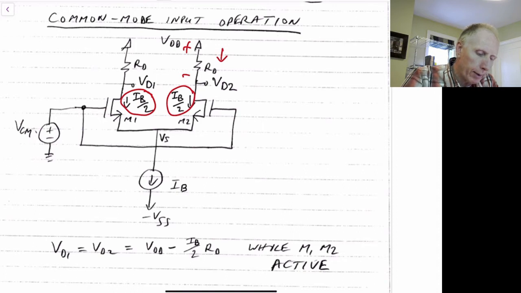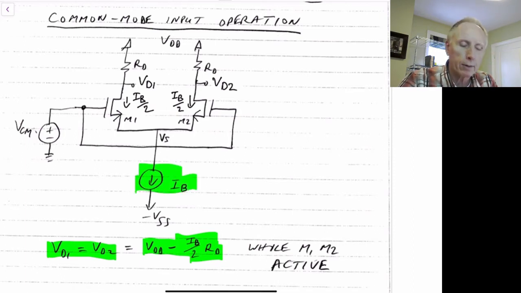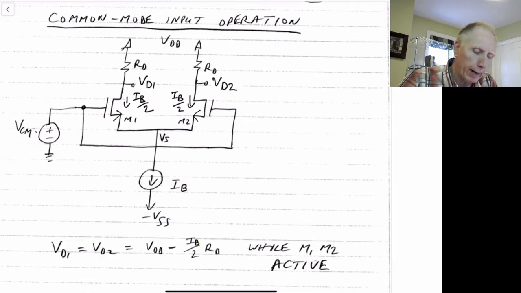So the bias voltage for VD1 and VD2 is just equal to VDD minus IB over 2 times RD. And that assumes that M1 and M2 are active and that the current source IB has a large enough voltage across it so that it still has a current of IB through it, so it remains in the active region.